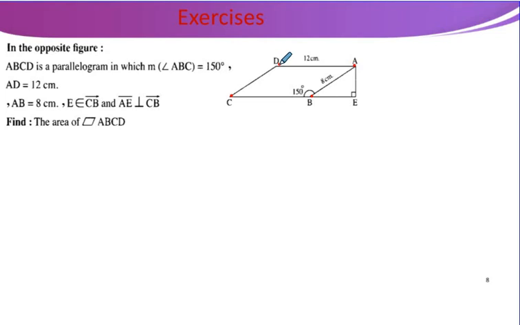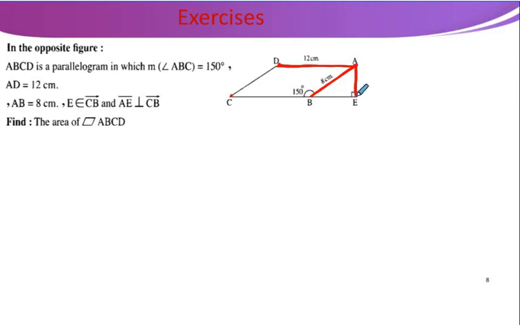As we said, to find the area of any parallelogram, you should know the base and height for it. Here we have two bases, AD and AB. The height of AD is AE.